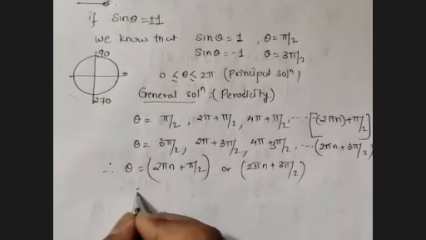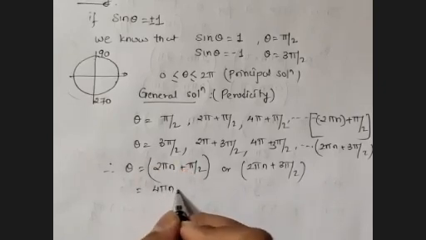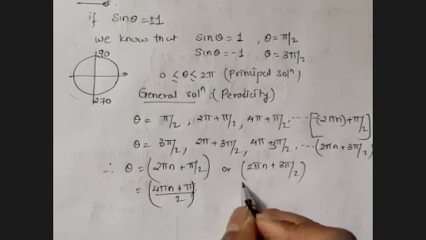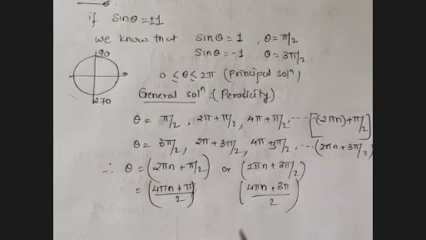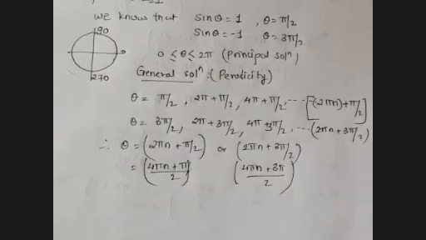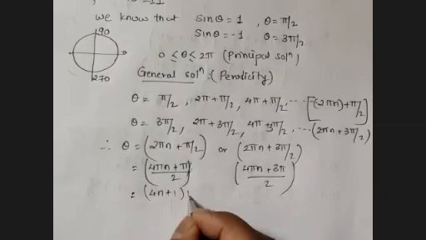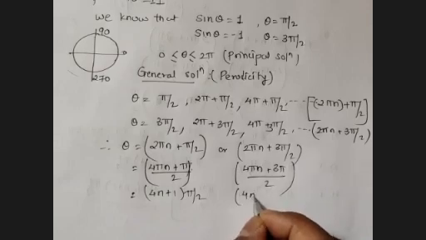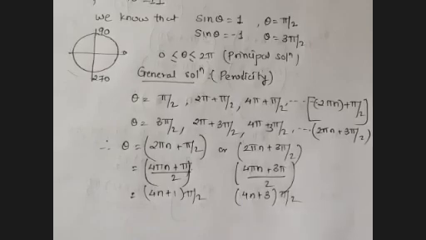So again, if we take LCM, we get 4 pi n plus pi by 2, or we have 4 pi n plus 3 pi by 2. So that means we have 4n plus 1 times pi by 2, or we have 4n plus 3 times pi by 2.